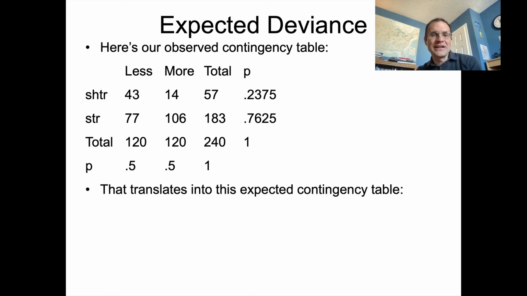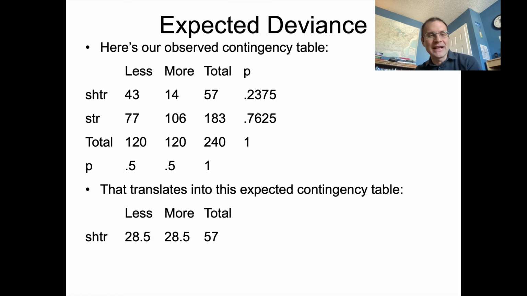Anyways, this translates into this contingency table. To get the number we expect here, we take 240 times the probability of getting a less production times the overall probability of a straw production, because what we're trying to see is if there's any sort of interaction going on between the rows and columns. 240 times 0.2375 times 0.5 is equal to 28.5.